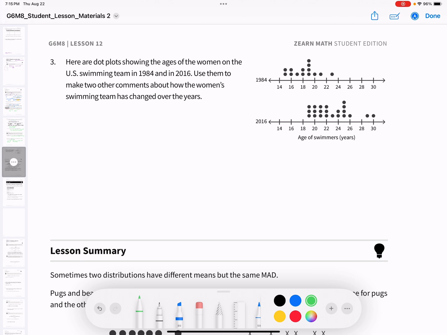But we can say more specifically, the oldest age in 1984 equals 23 years old. And in 2016 was 30 years old. Right? So they've gotten older.